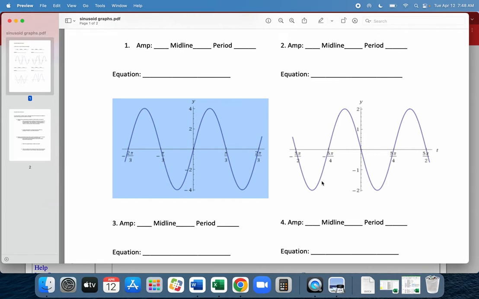Or this is sped up by a factor of 3. Or it's a horizontal compression by a factor of 3, however you want to think of that, to make the period 2 pi over 3 instead of 2 pi. You can think of this as squishing it together left to right. You can think of it making it go through angles faster because my angles get tripled.